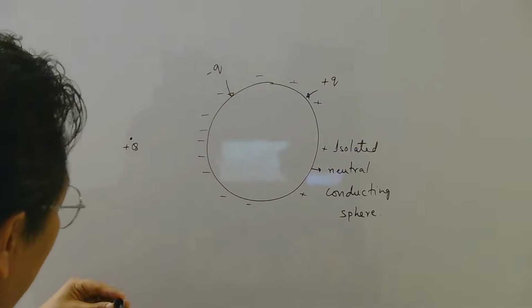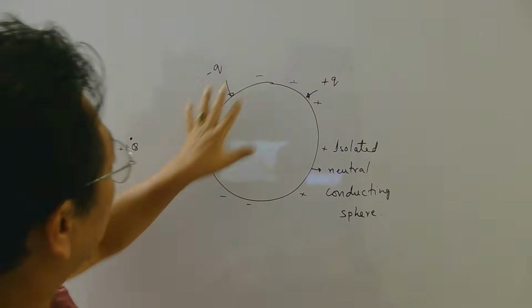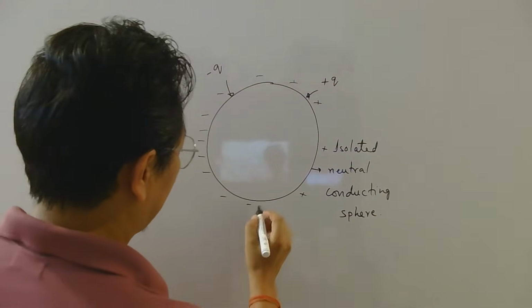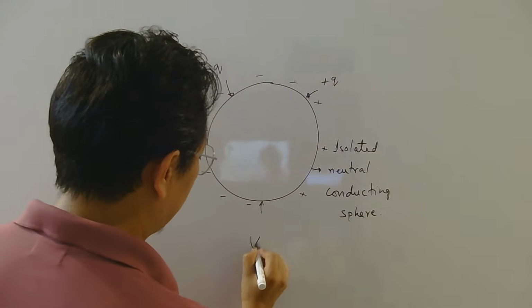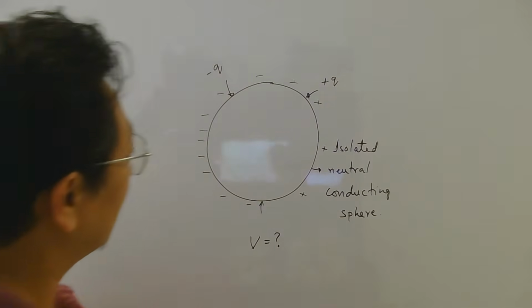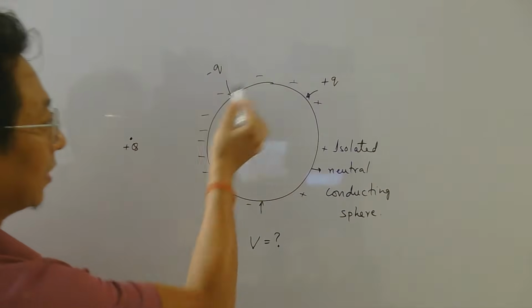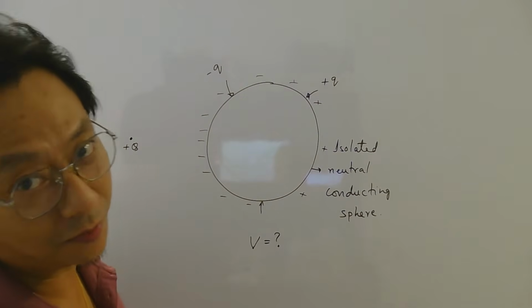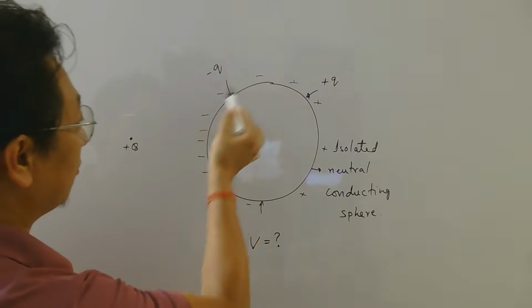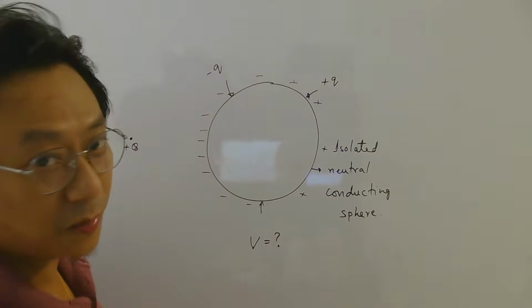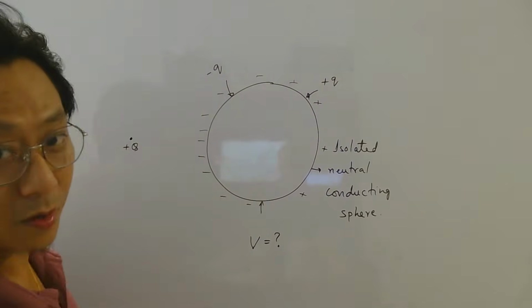Now, if I want to know the electrostatic potential of this conductor, then you know that a conductor is an equipotential surface. Therefore, every point of this conductor must be at the same potential.